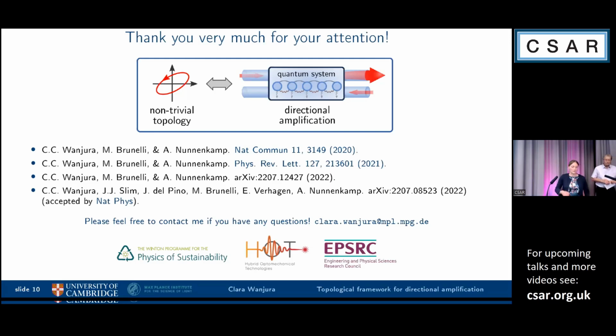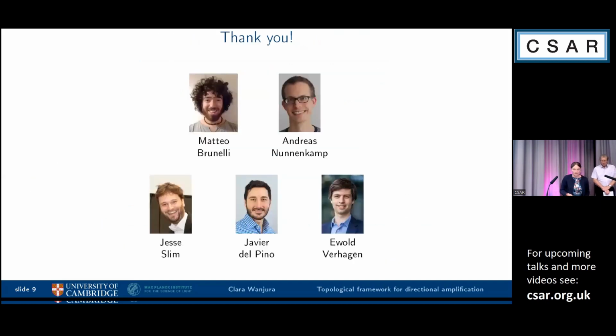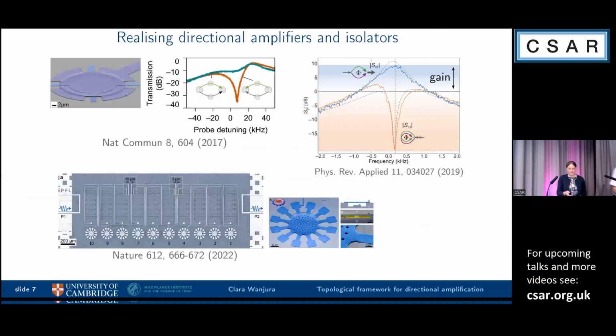Yes, so the reason why I kept it very general is that the framework that is at play, or the topological aspect, is very general. So it is independent of scale. So you could have classical systems, quantum systems, you would still find the same underlying principle. But for it to be relevant to quantum information processing applications, you would want to be sure that really almost nothing is reflected back.